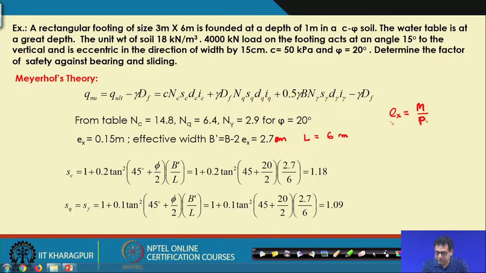So, eccentricity can be given this way, but here it is directly given. That is why we will have B dash and L.